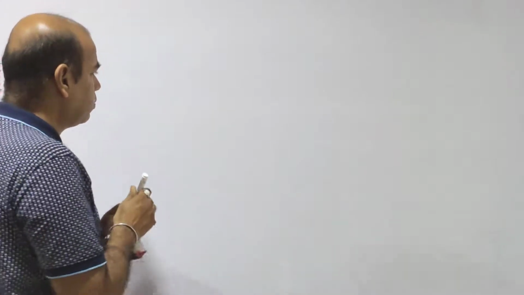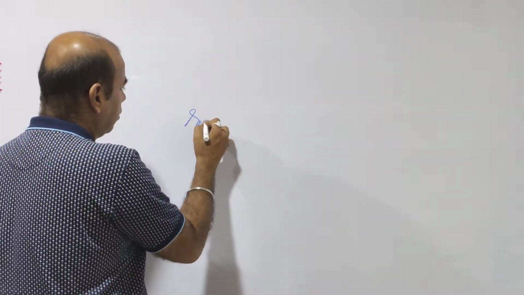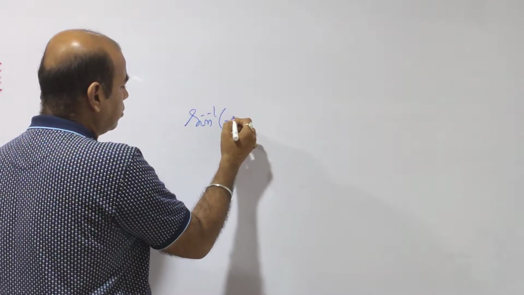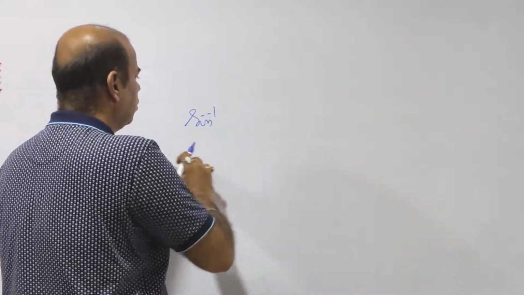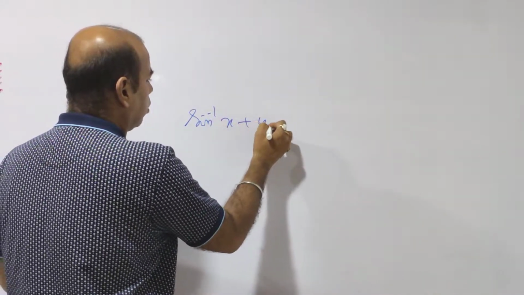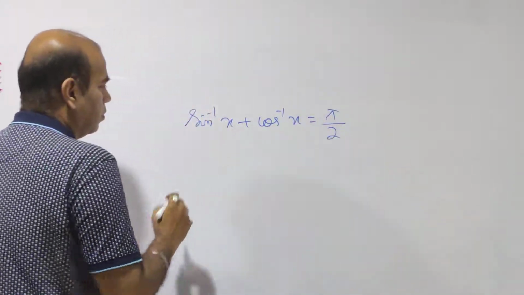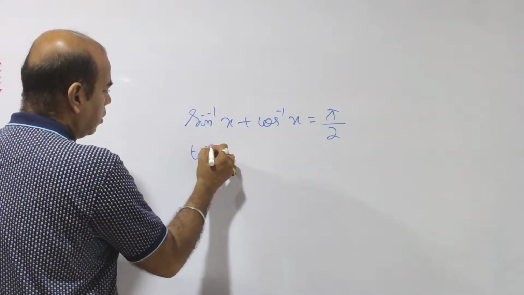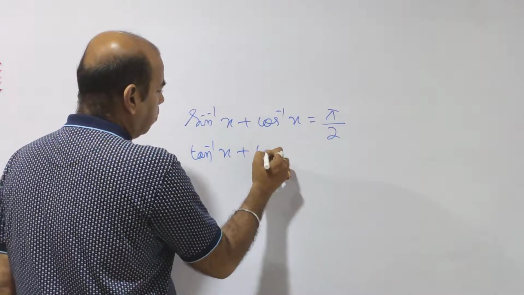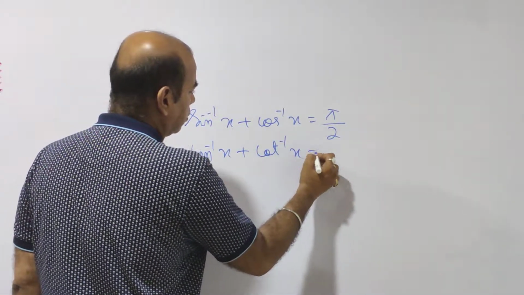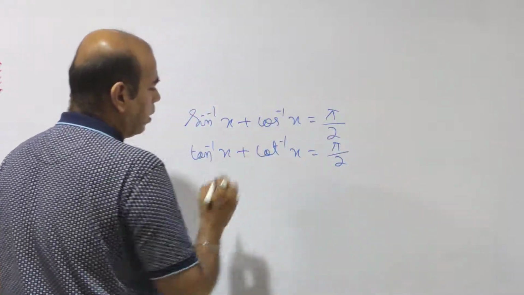Now let me move forward to the next part. If it is sine inverse x plus cos inverse x, this is pi by 2. If I write tan inverse x plus cot inverse x, this also is pi by 2.